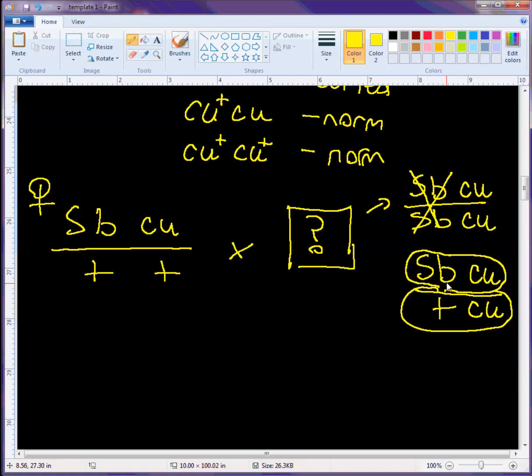If SB CU fertilizes a plus CU gamete from the female, the progeny is going to be stubble and curly. But if the plus CU fertilizes that plus CU egg, the phenotype is going to be long-haired, that's wild type for the hairs, and curly. So we're going to have two different results there. So we're probably not going to want that.